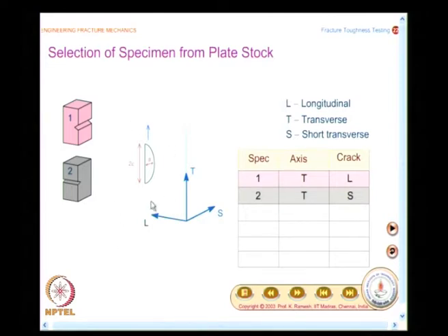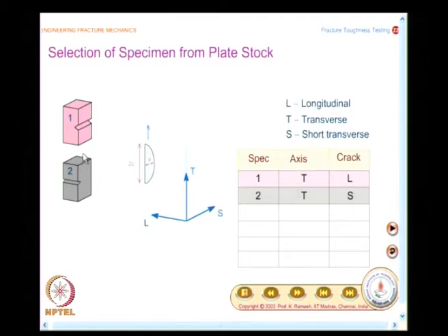Another aspect I have always been mentioning is that in fracture mechanics, we bring in the material anisotropy in the testing in a very systematic fashion. So, you have a plate stock where you have the axes marked as L, T as well as S. Make a sketch of it.